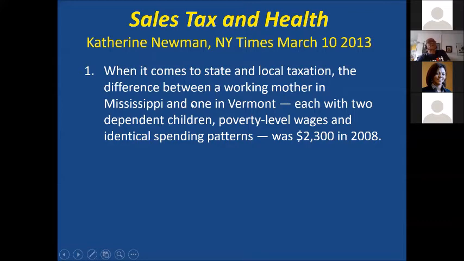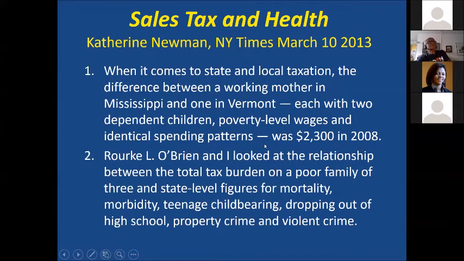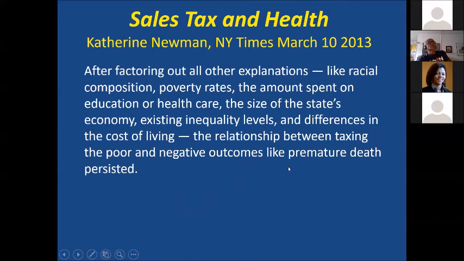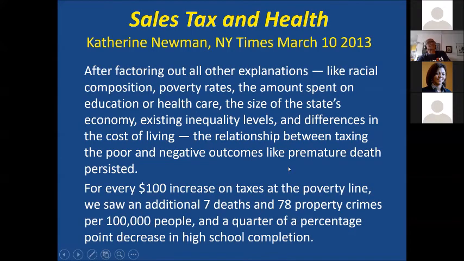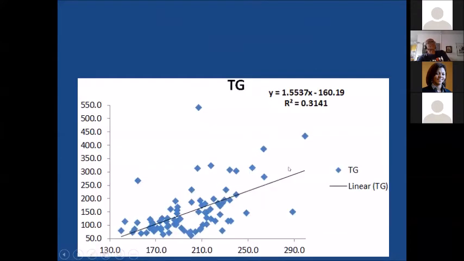So they looked at the effect of a total tax burden on a single mother of 2 at the poverty level, and what the consequences were. So they did a fairly complicated analysis. So I'm not going to go through all the details. I'm just going to get to the summary and ask questions.